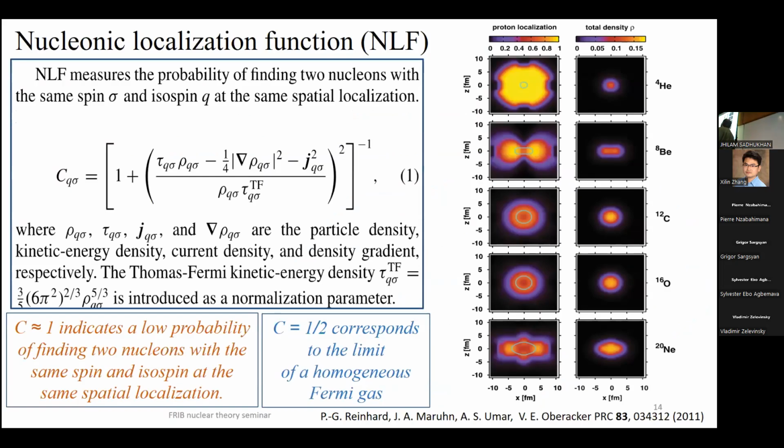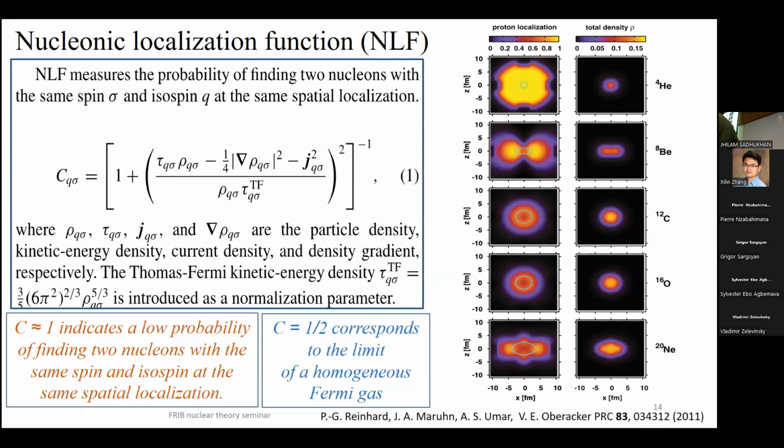So we use the nucleonic localization function. This is a function which involves not only the scalar density but also the kinetic energy density and the current density. In case of a static solution, the current does contribute, but it gives us the information of the nucleonic localization. Basically, it measures the probability of finding nucleons with the same spin at the same spatial location.